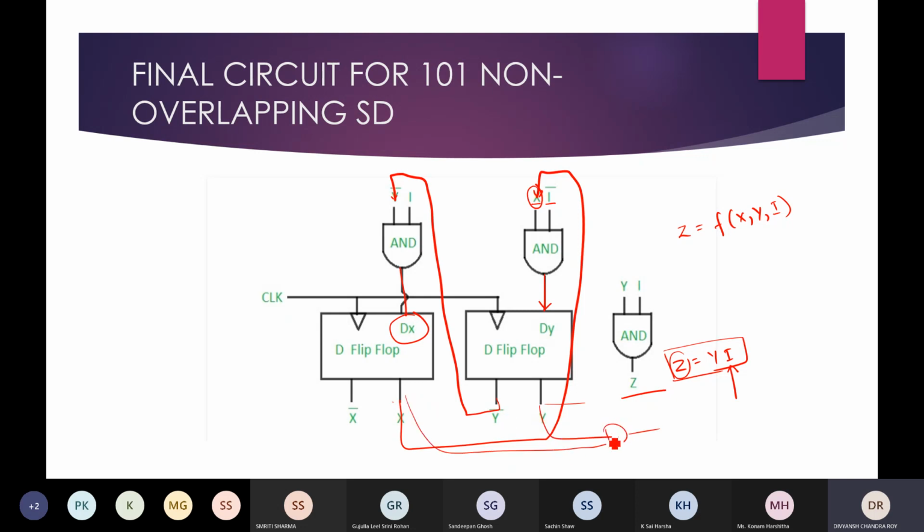That was the case for the Moore machine that I asked earlier, about what the difference would be between a Mealy machine and a Moore machine from the circuit point of view. For a Mealy machine, the input will contribute to the output directly, but for a Moore machine the input will not contribute to the output directly. Is it clear now? Yes, Bhaiya. Thank you. Welcome.